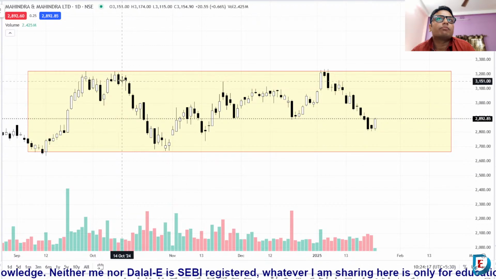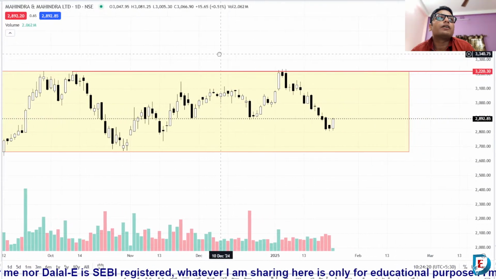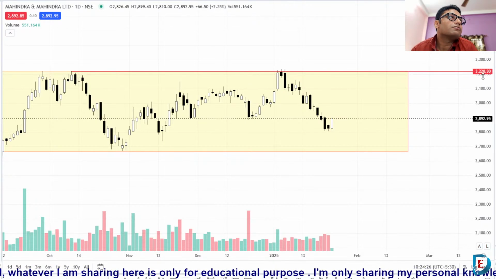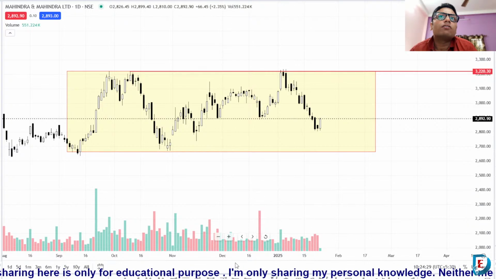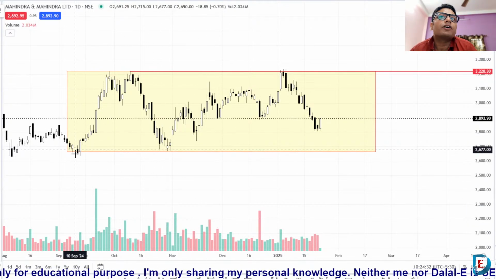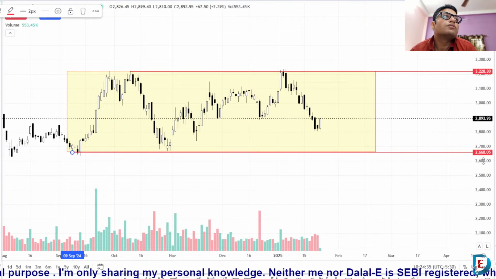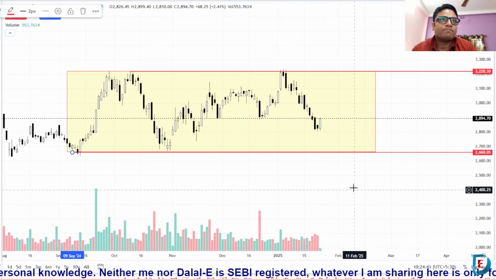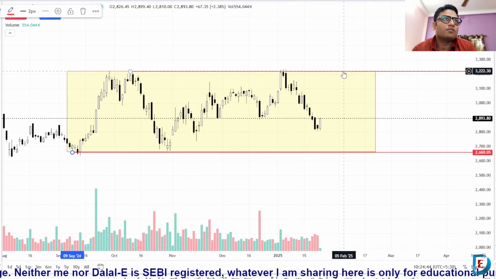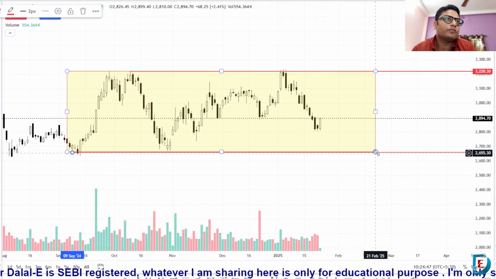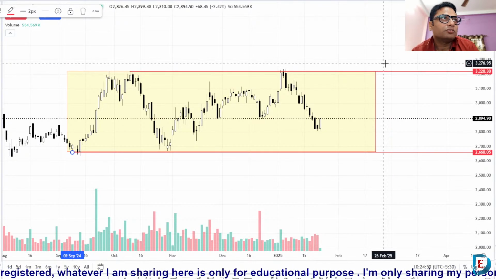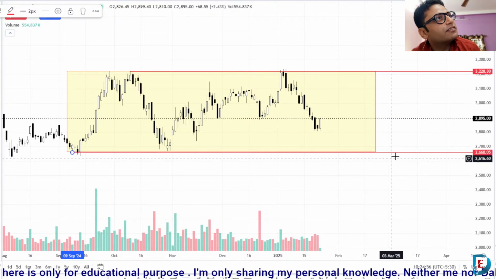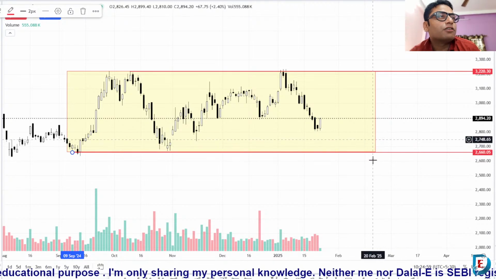So I will think about entry above 3,220, or I will try to catch it near 2,660. Otherwise, it will take rejection from here and it will take support from here. So either we will enter above this resistance or we will catch it at the bottom, making this a stop loss, because then our risk to reward ratio will be good.